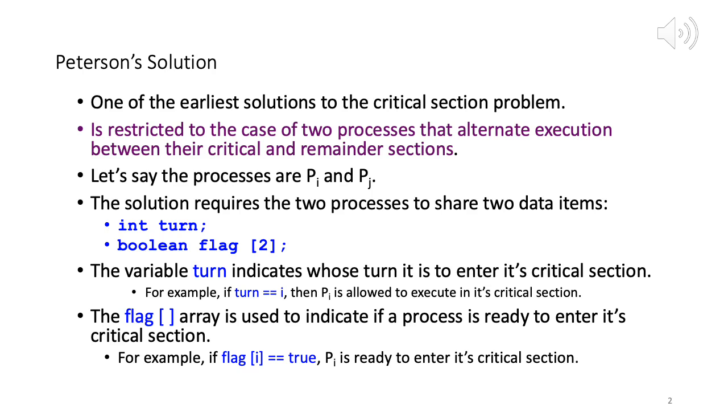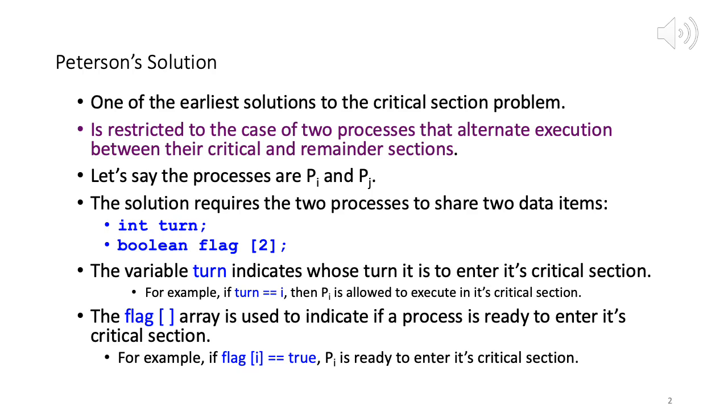The flag array is used to indicate if a process is ready to enter its critical section. Well, I think I sort of mistook. The intention will be declared using flag, and turn will actually decide which process gets to enter. So once again, I'll rephrase.